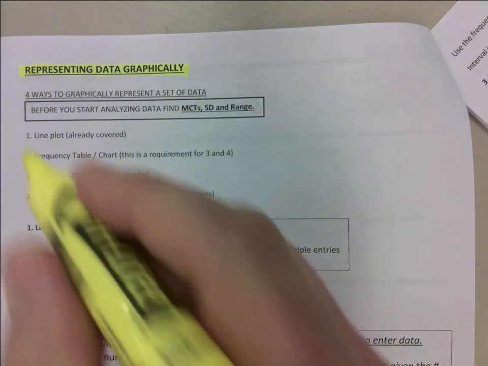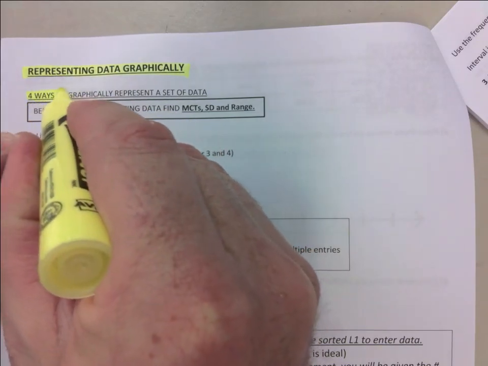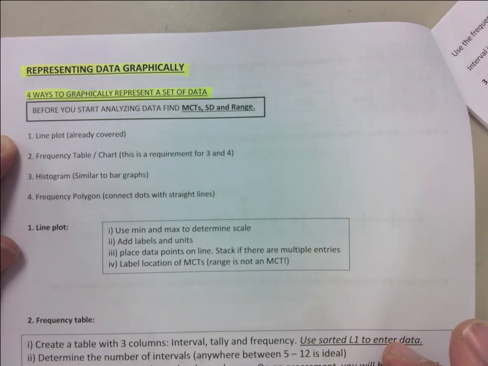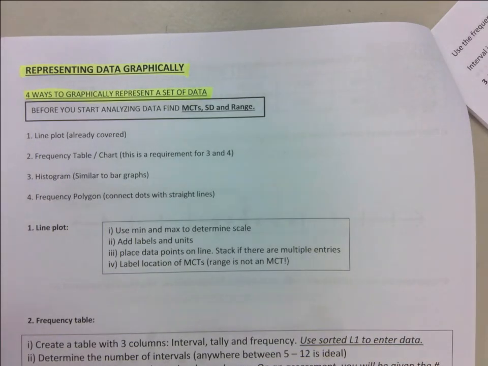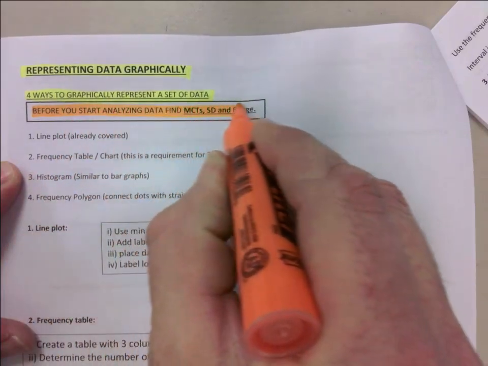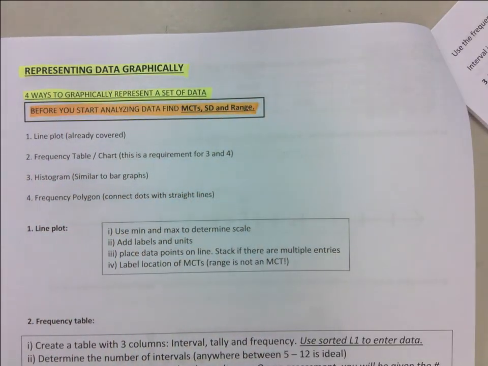But there are essentially, in this unit, 4 ways that we use to graphically represent data. And before you start any of these graphs, I would strongly encourage you to find the mean, standard deviation, and range.